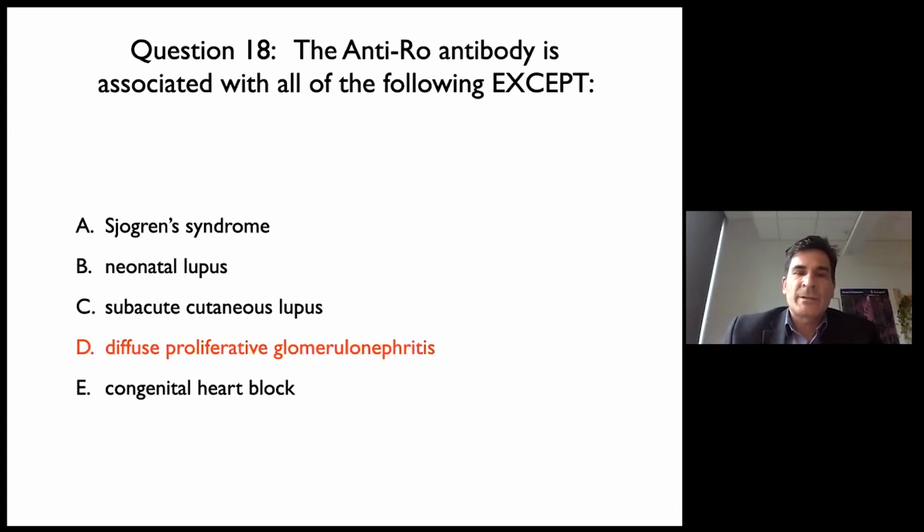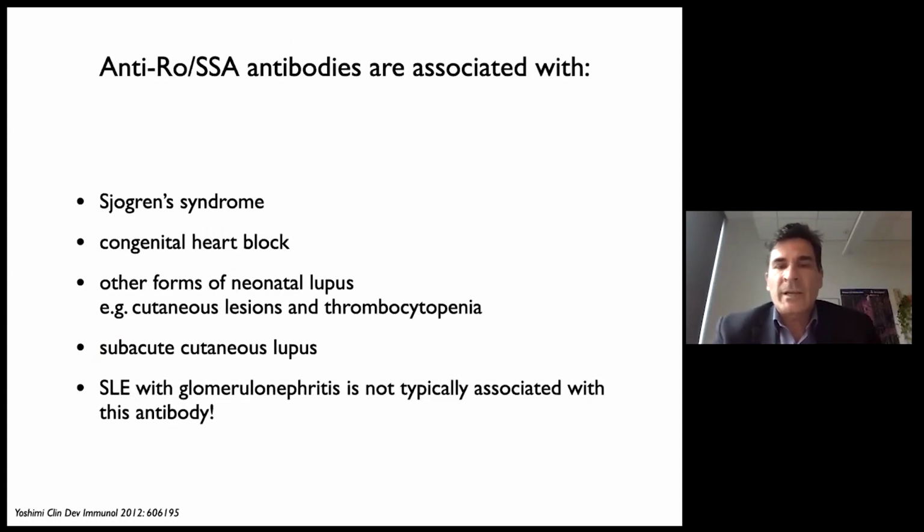And the correct answer is D, diffuse proliferative glomerulonephritis. This is a disease manifestation of SLE, which is not associated with anti-Ro, but with anti-dsDNA antibodies, whereas all the other disease manifestations are associated with an anti-Ro antibody.